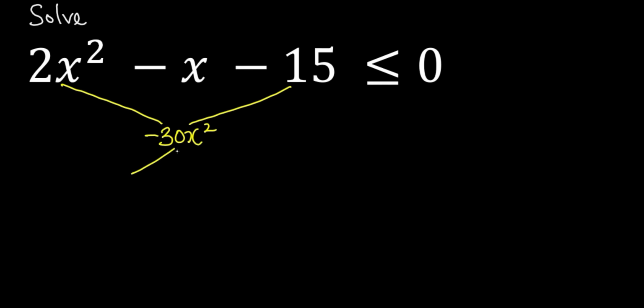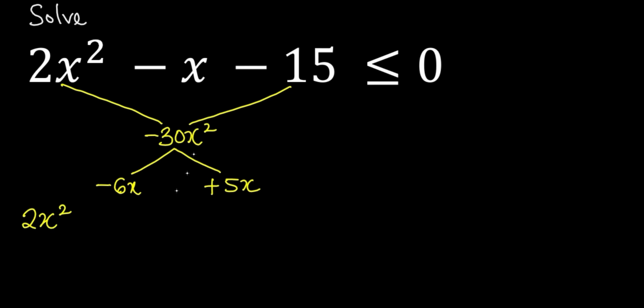So we are going to find the factors of minus 30: minus 6x and plus 5x. When we multiply these two factors together, it gives us minus 30x squared, and minus 6x plus 5x gives us minus x.